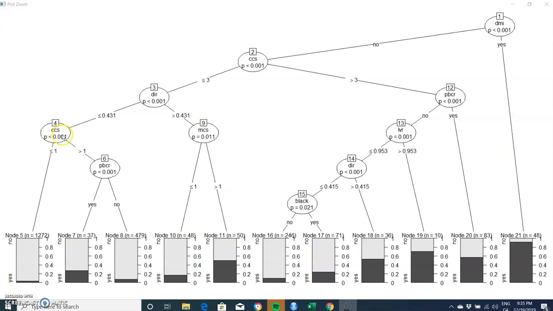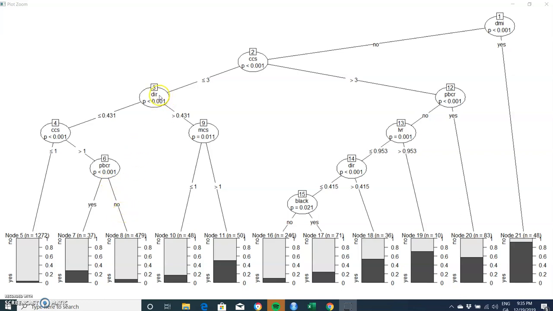If the consumer credit score was greater than 1, and there was PBCR, so PBCR would have meant a public bad credit record. If yes, that meant there could have been bankruptcy or charge-offs or collection actions. Then we can see that there's a discernible difference between those and those who didn't have that public record of bad credit.